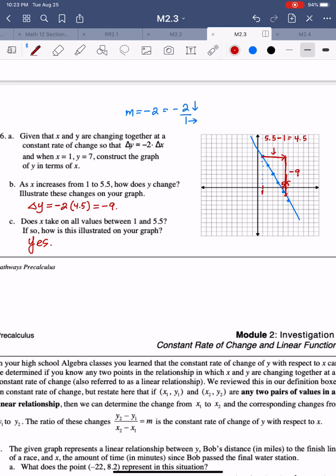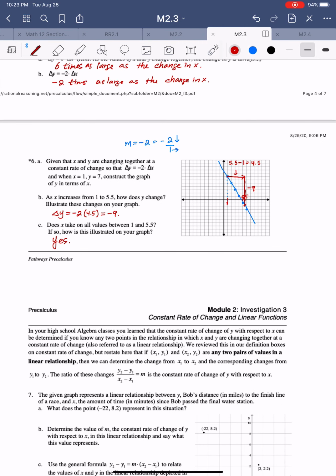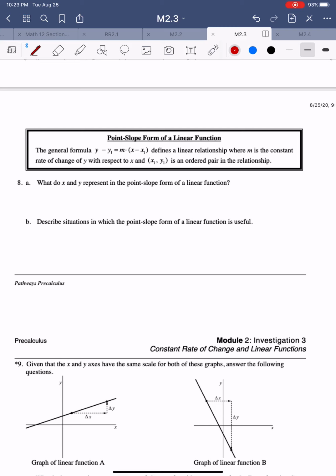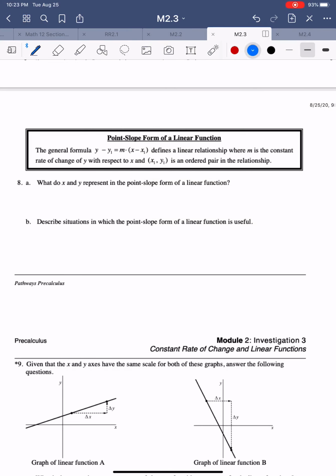All right, okay, and then let's go to problem 8. Problem 8 is also talking about slope intercept form. When we have y equals mx plus b, it's actually the slope intercept form.